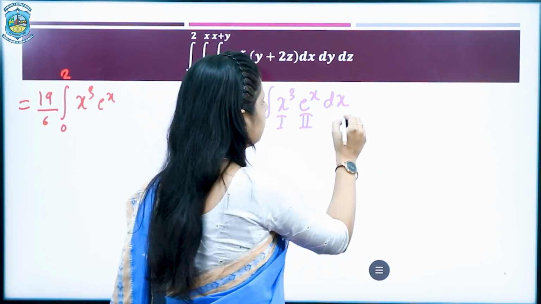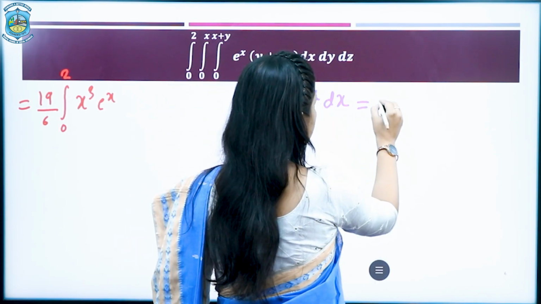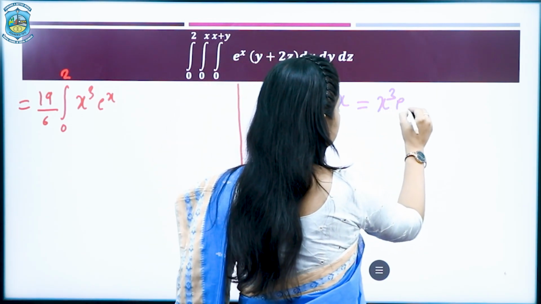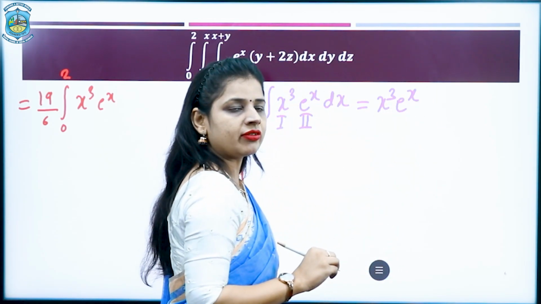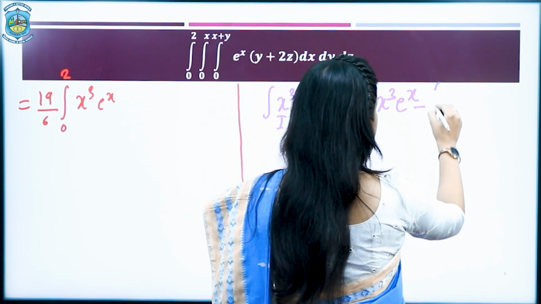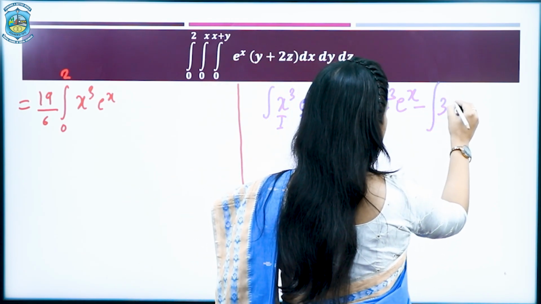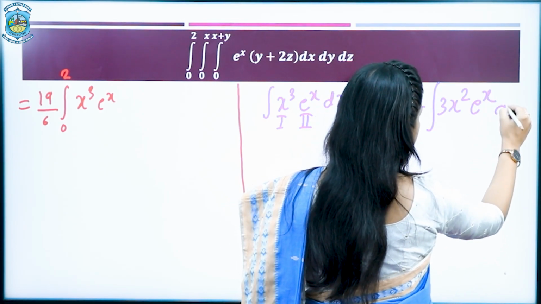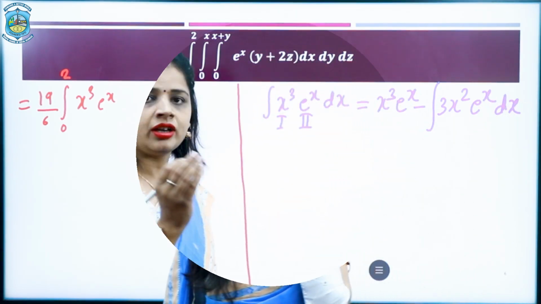So, we will apply the rule: first function, that is x cube, integration of second function e to the power x, minus differentiation of first, that will give you 3x square, integration of second, and whole integration.